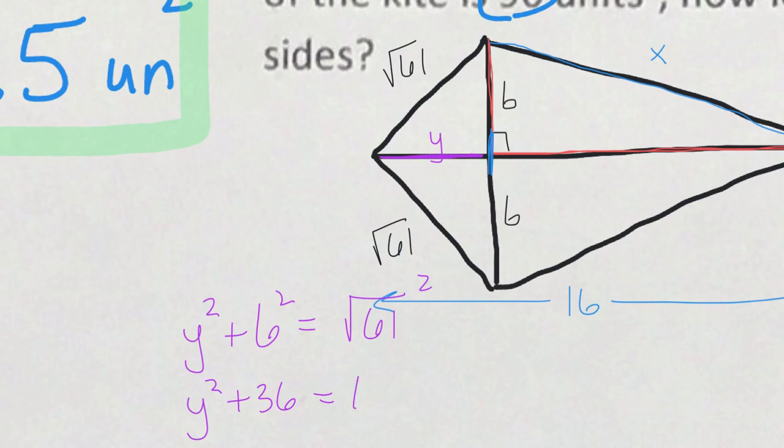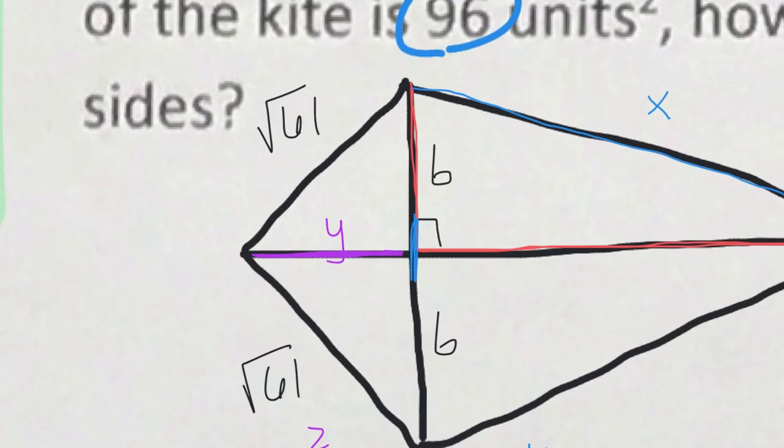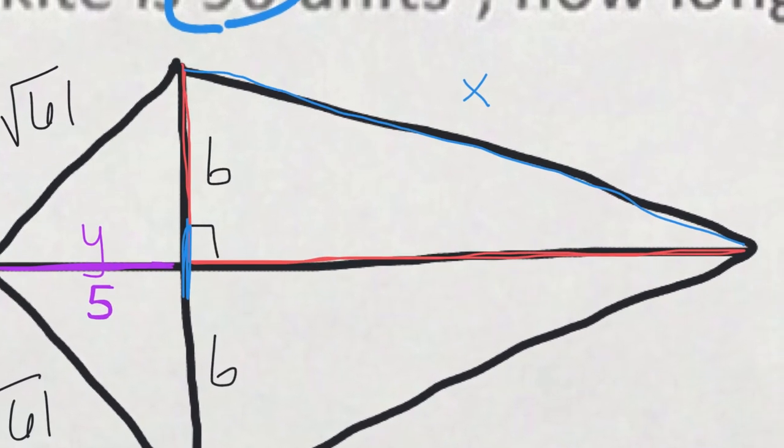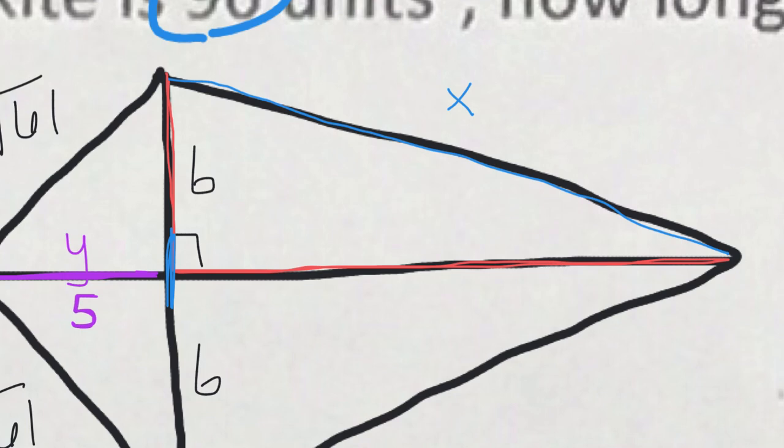And root 61 squared is just 61. So when we subtract 36 from both sides, 61 minus 36 is 25. And this little bit of our diagonal is 5. So this much is 5. The whole thing is 16, so the rest is 11.